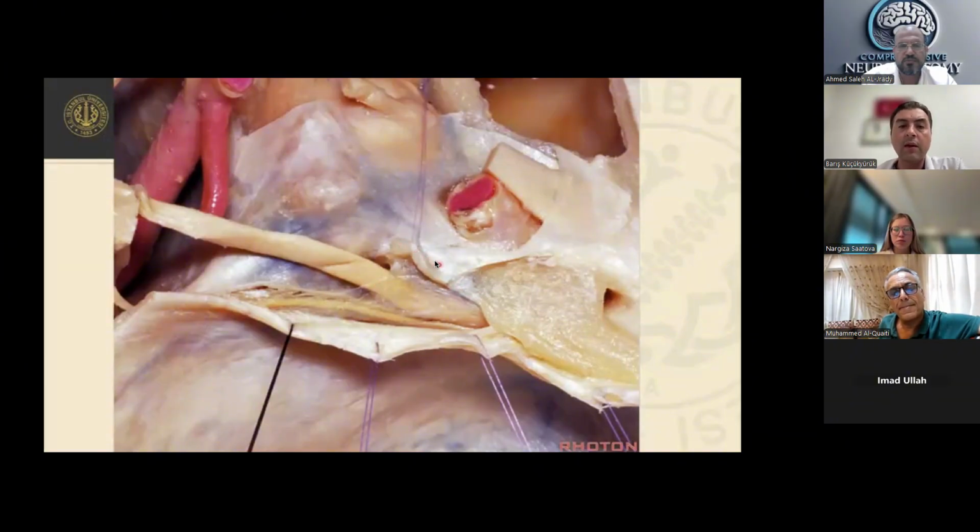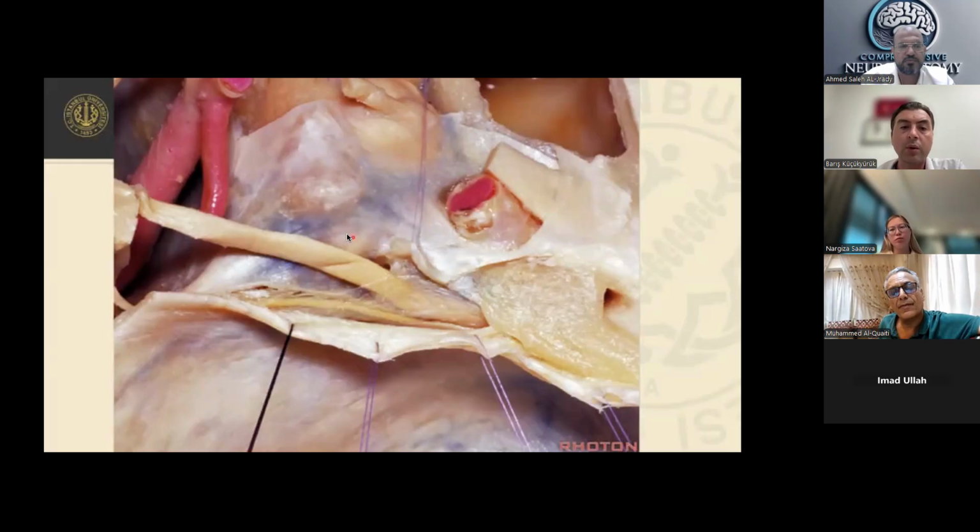There are three dural folds, which are the margins of the oculomotor triangle. The first one is the anterior petroclinoidal fold, extending from the anterior clinoid process to the petrous apex.